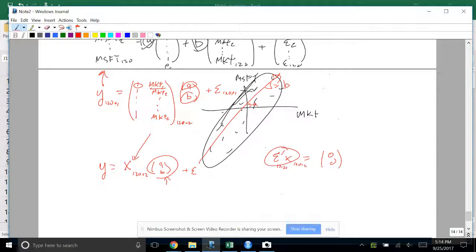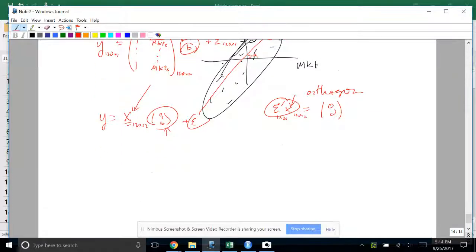So we want that error term to be orthogonal to our explanatory variables. So we don't want the error term to explain anything that our explanatory variables can. So we optimize our estimates of A and B such that we get the most out of our X's.